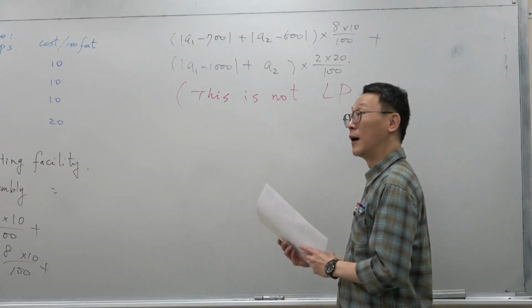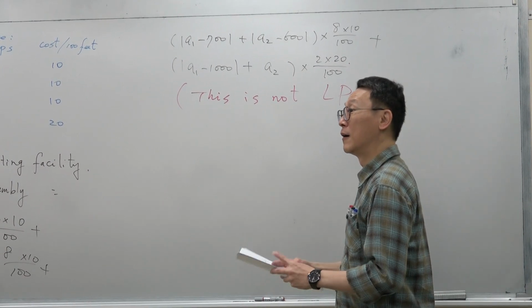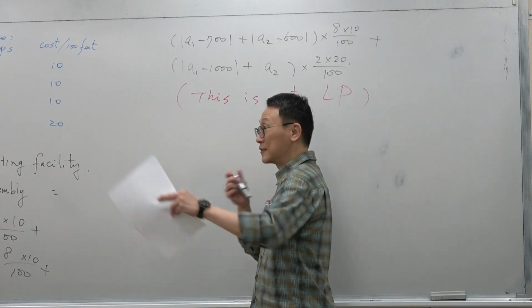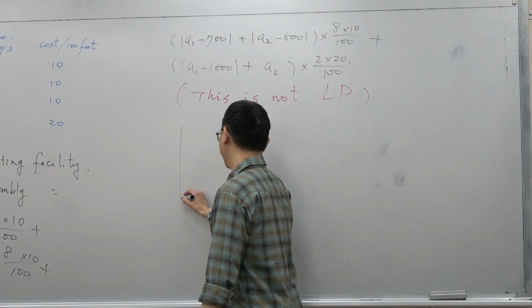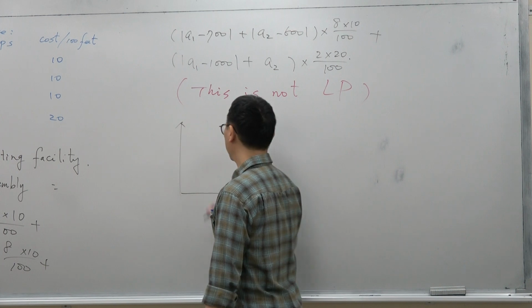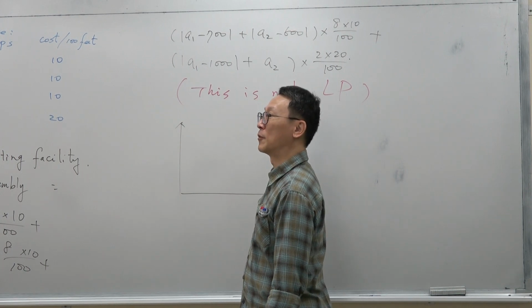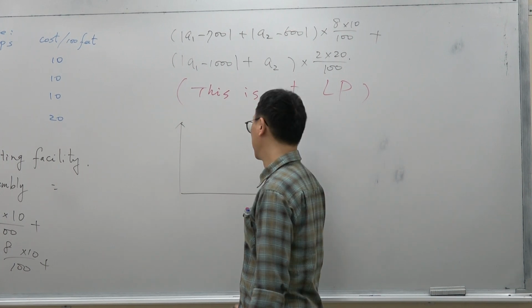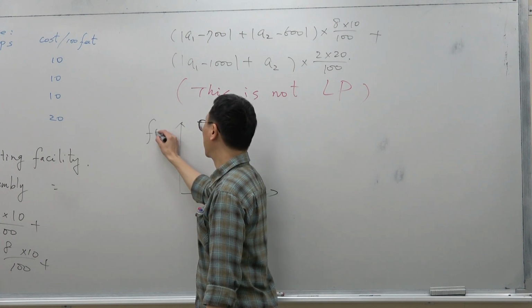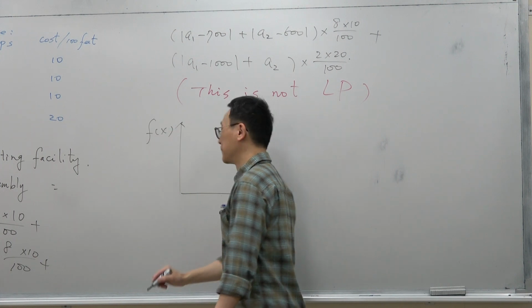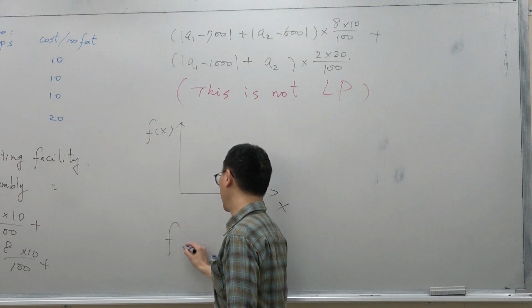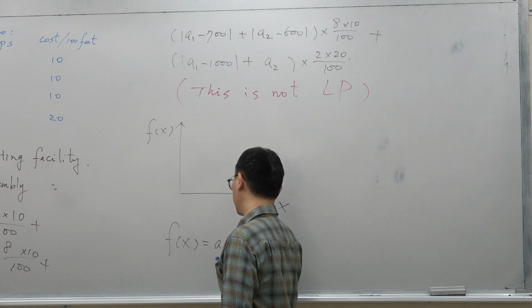What's the difference between the absolute value and the normal? Okay, let's check about it. Suppose f of x is equal to ax.